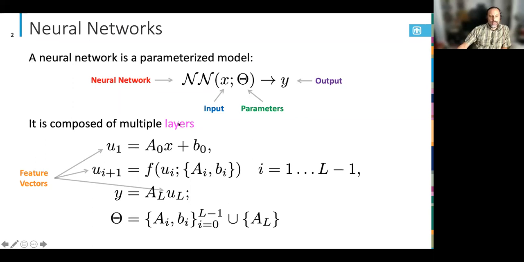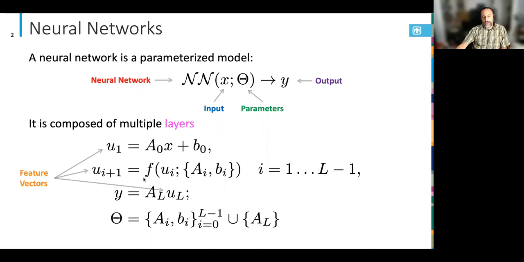And typically this is composed of multiple layers. So in this case, we talk about these feature vectors. We have our input data, and we go through an affine transformation defined by A0 and B0. That defines our first feature vector.